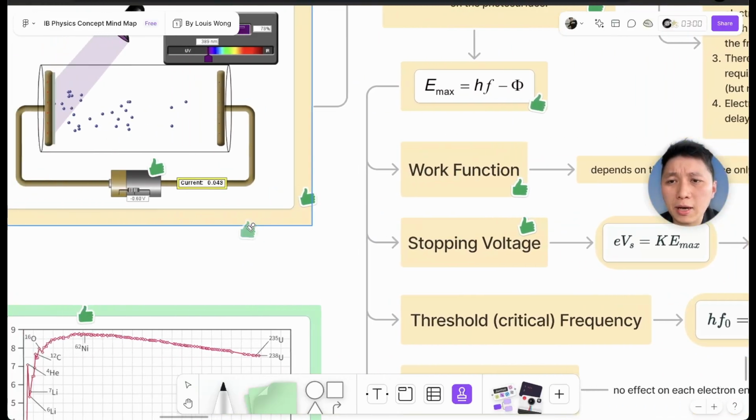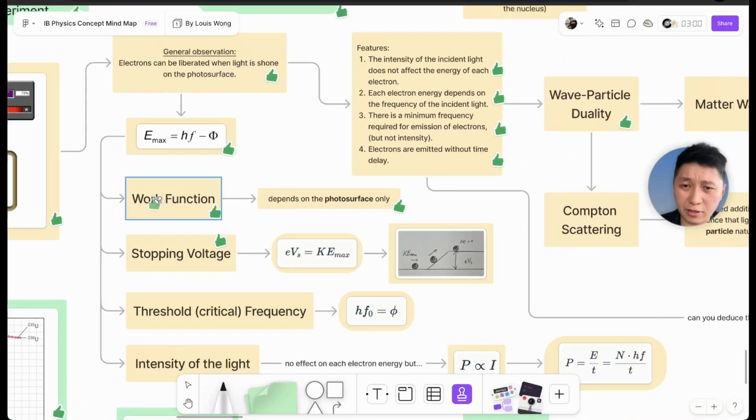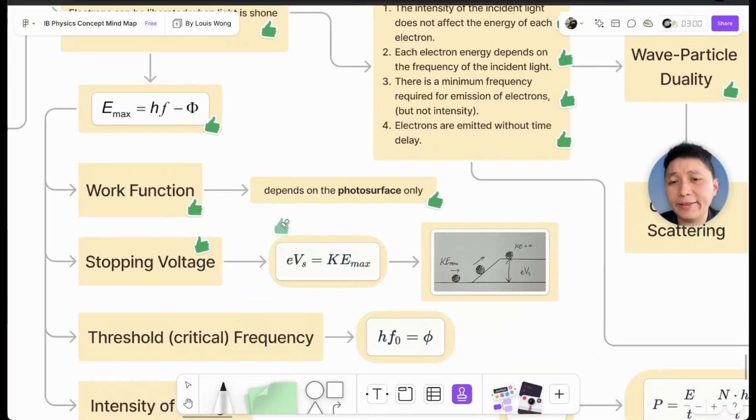Stopping voltage, the battery, we talk about. So stopping voltage is a way that you set the voltage negative, you push the electrons back to where they're coming from, and then we can always find a certain maximum voltage when the current is just barely zero. That's called the stopping voltage.